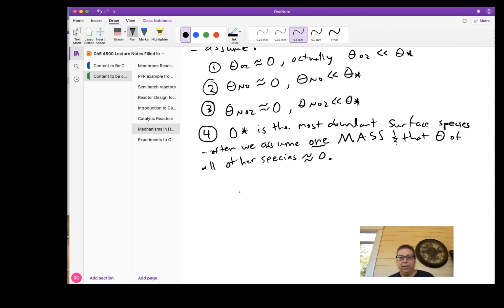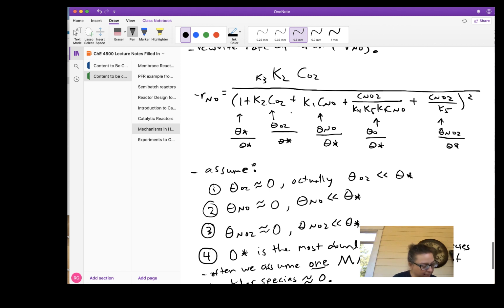So if we do that, that means that this term goes to 0, this term goes to 0, this term goes to 0. I'm left with just this term and this term.